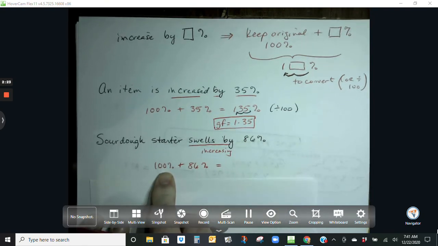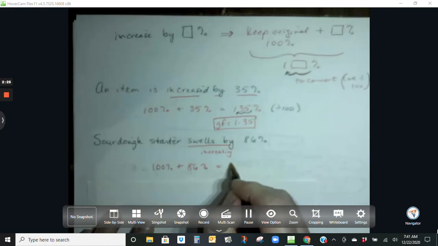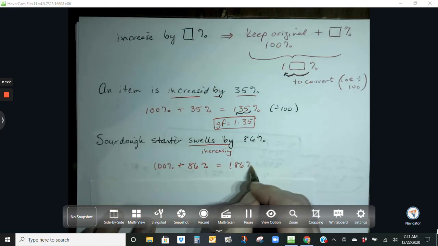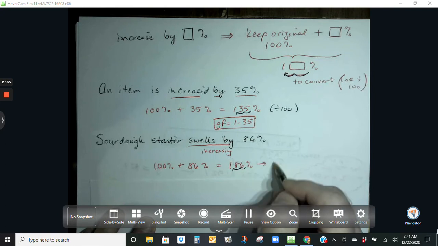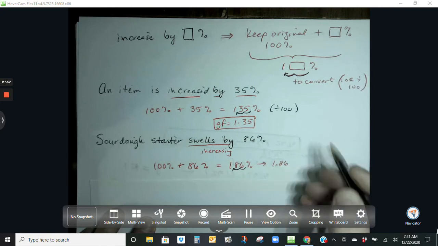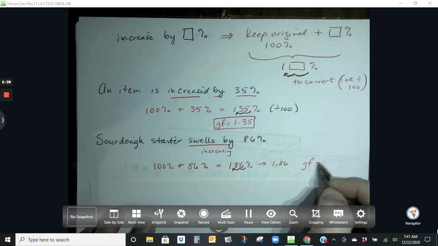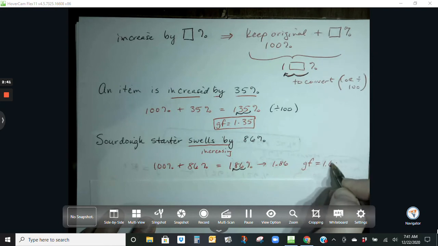We always keep what we have. And so this is 186%. The decimal in 186 is here, and so I move that 2 places to the left, which becomes 1.86. So my growth factor is 1.86. That's the number I multiply by, 1.86.